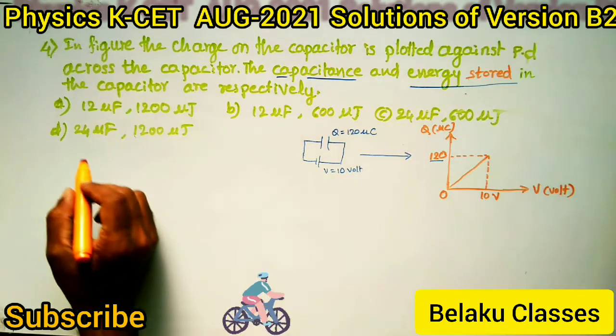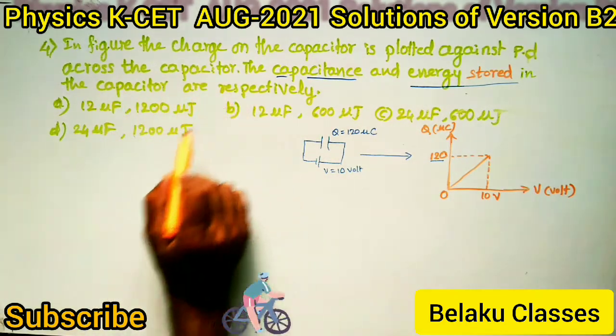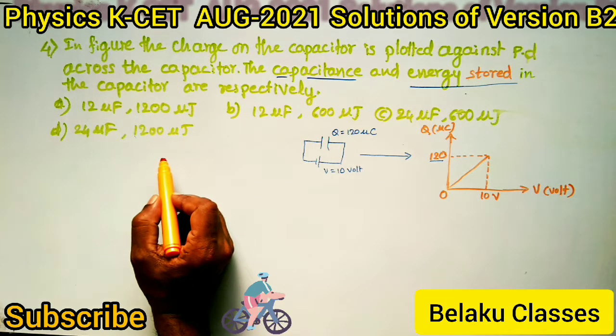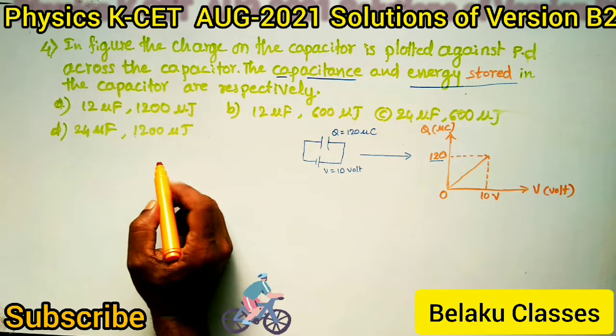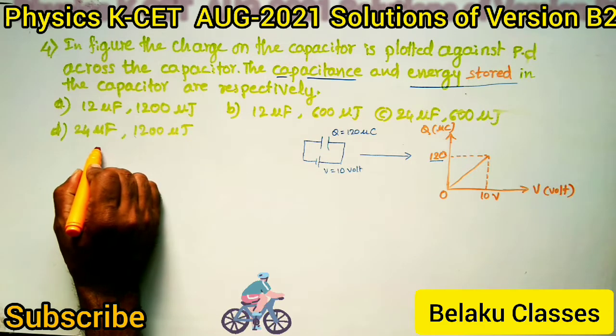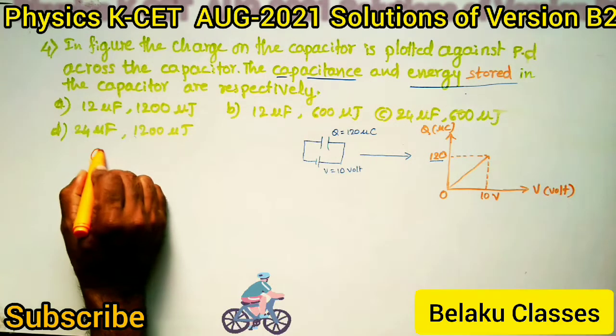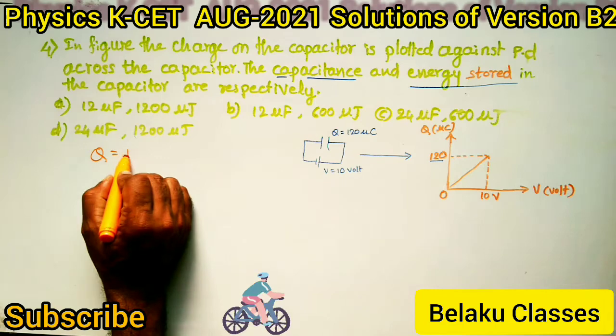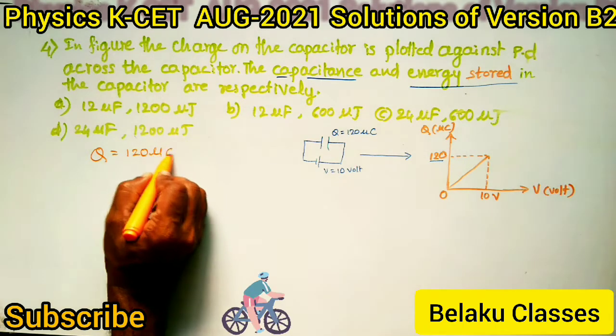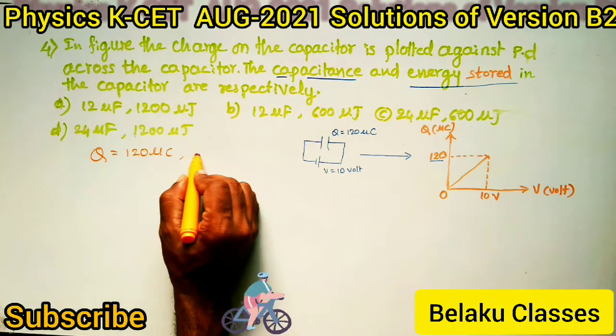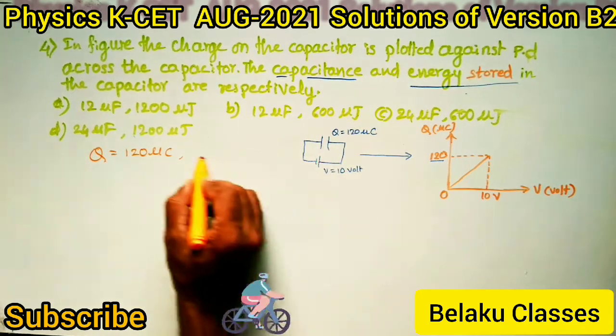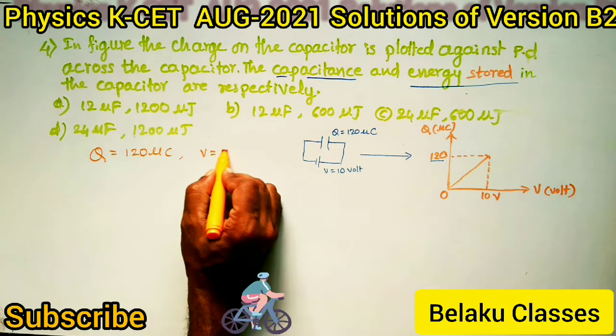Here first understand the given question properly and note down the given things. So here the charge on the capacitor is given as 120 microcoulomb, and the potential difference across the capacitor is given as 10 volt.